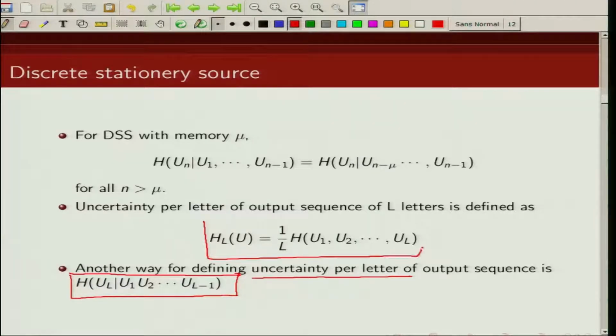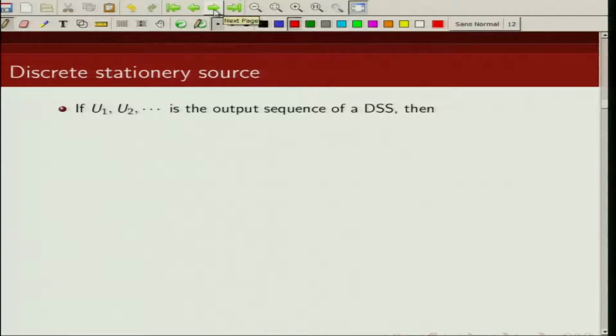One is this, and the second way is this. Now we are going to prove some properties of these two measures, and we are going to show that when L goes to infinity, these two are the same.